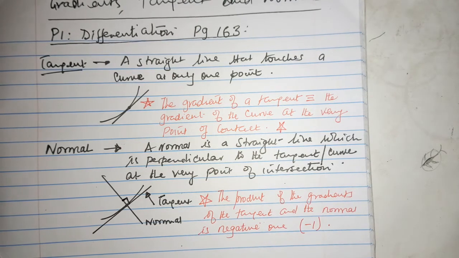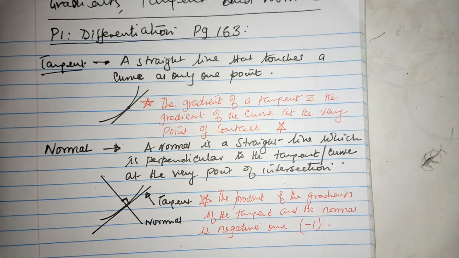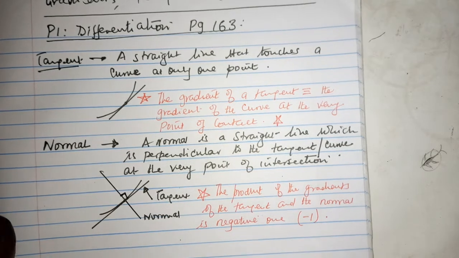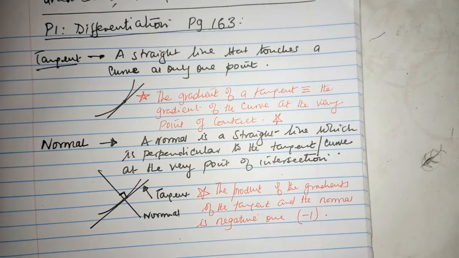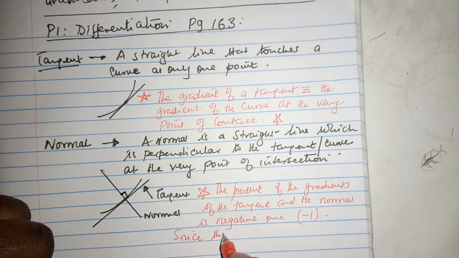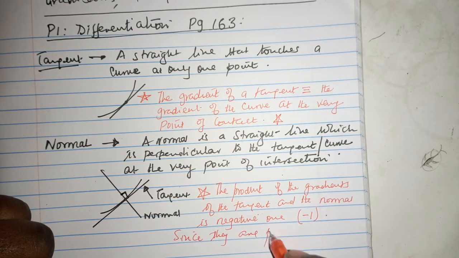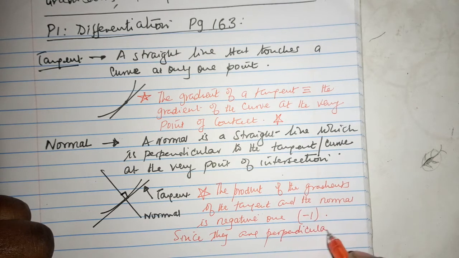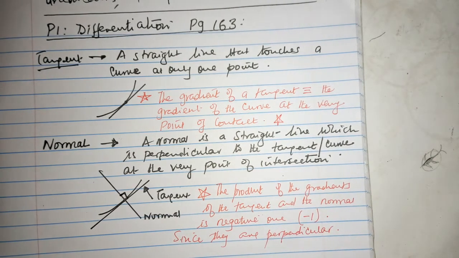So if you multiply the gradient of the tangent and the gradient of the normal, they will give you negative 1. And of course, remember the property of perpendicular lines, since they are perpendicular.